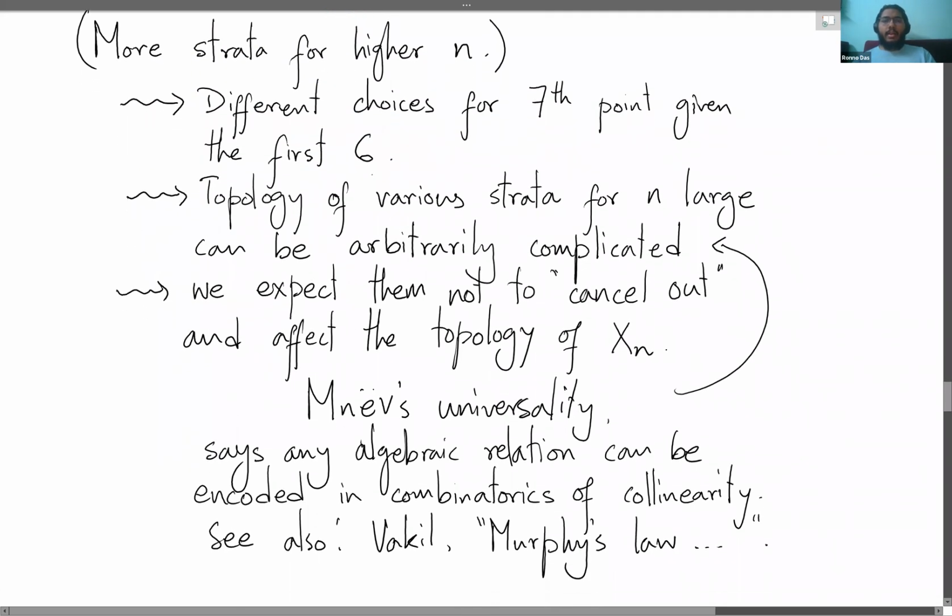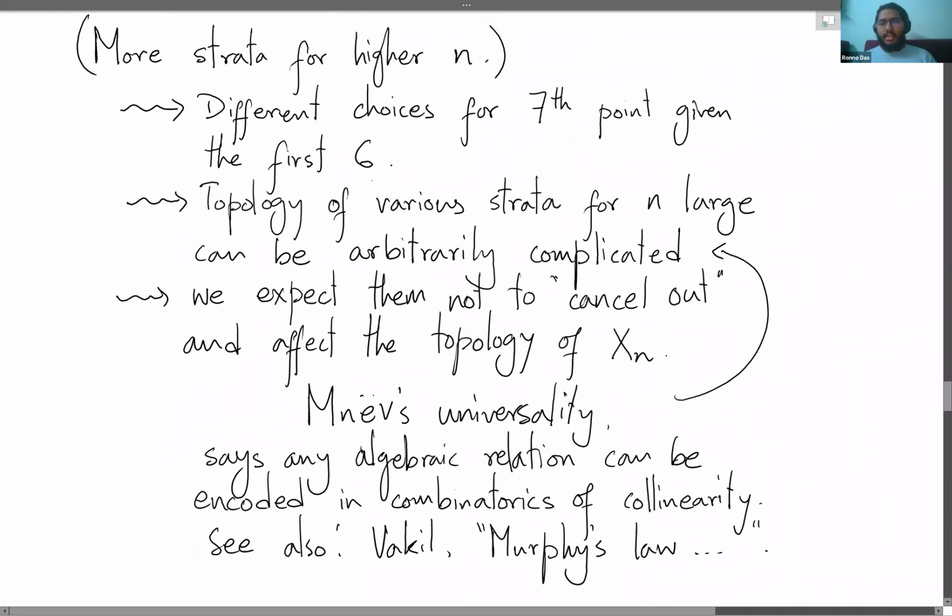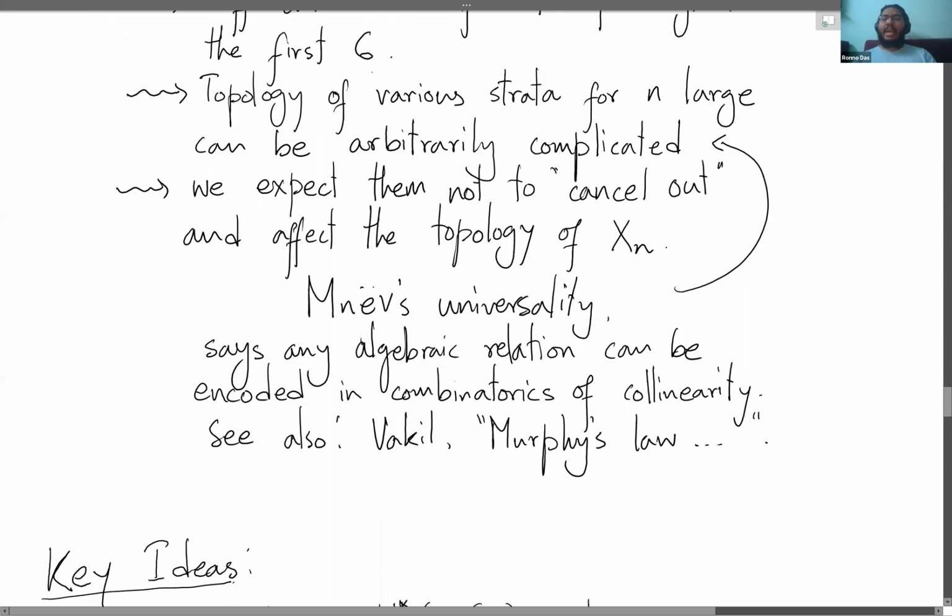And it turns out that the combinatorics of these strata, strata just being a fancier word for pieces, can get arbitrarily complicated. There's a result called Mnev's universality, which tells you that you can embed an arbitrary matroid into the matroid of non-collinear points, and that means any algebraic relation can be encoded into this combinatorics.